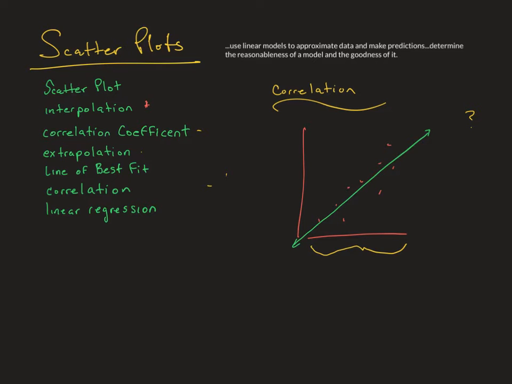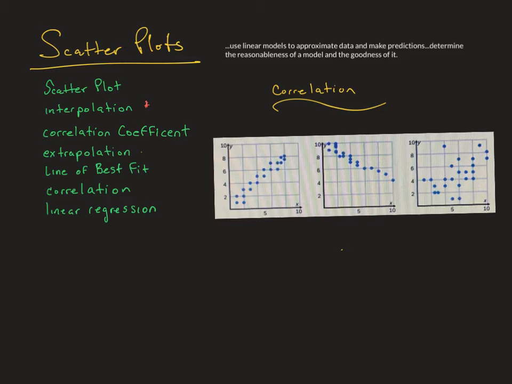So when it comes to relation, we have three main types of relationship. We're going to have what would be considered a positive relationship, a negative relation, and then no relation. Looking at these graphs, think of the positive, the negative, and no relation as a slope.